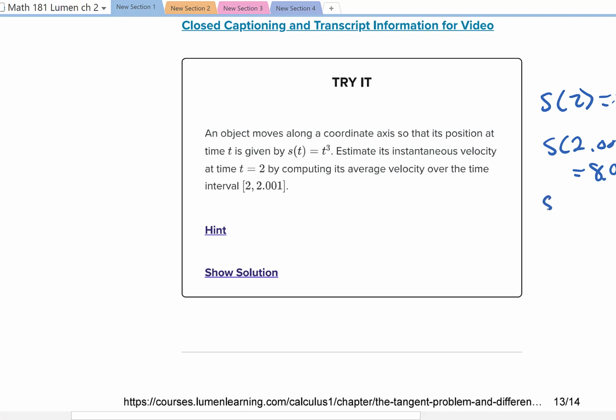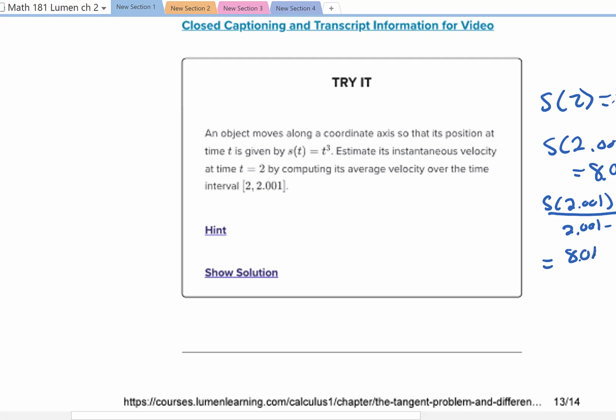So if I'm looking at s of 2.001 minus s of 2 over 2.001 minus 2, that's going to be 8.012006001 minus 8 over 0.001, and that's going to give us 12.006001.